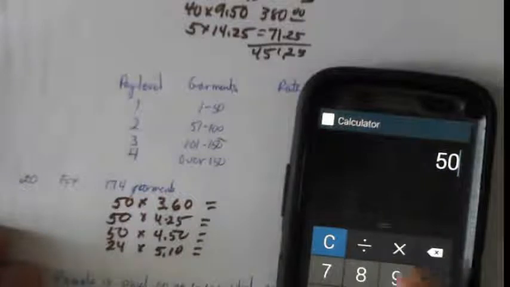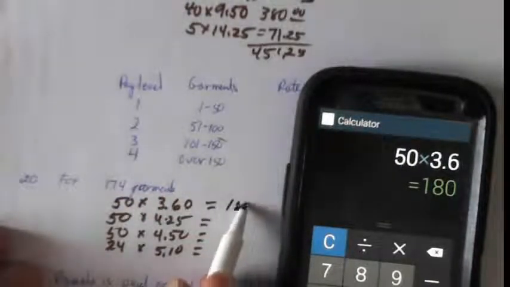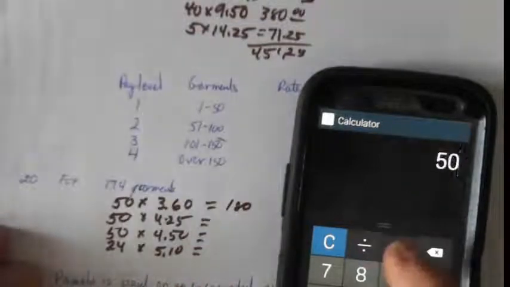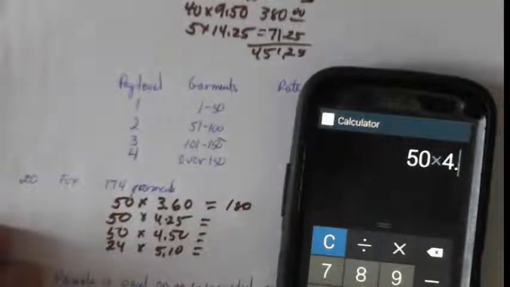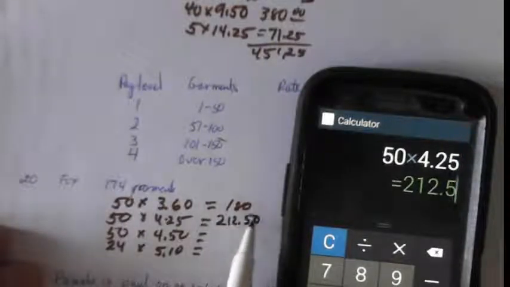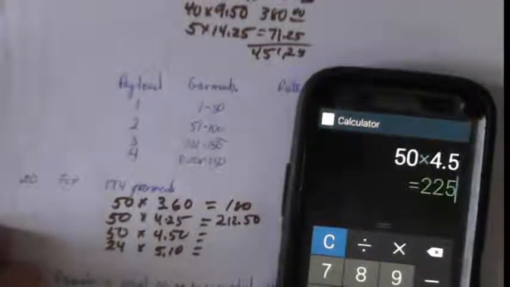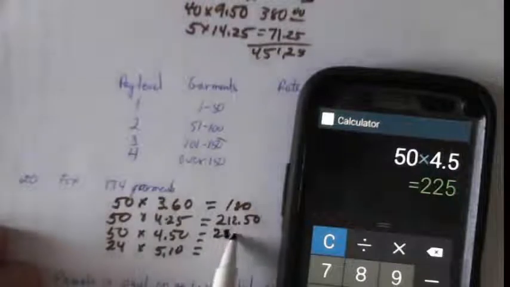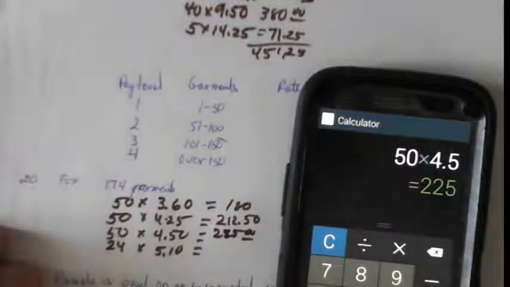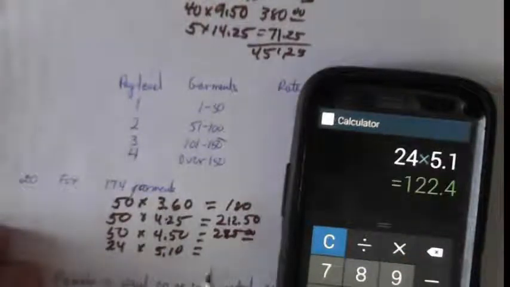So your 50 times 3.6 equals 180 for that first group. 50 times 4.25, 212.5, and then you have 50 times your 4.5, 225, and then your last 24 is at 5.1 or 122.40.